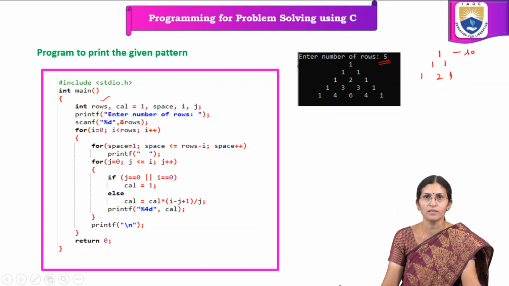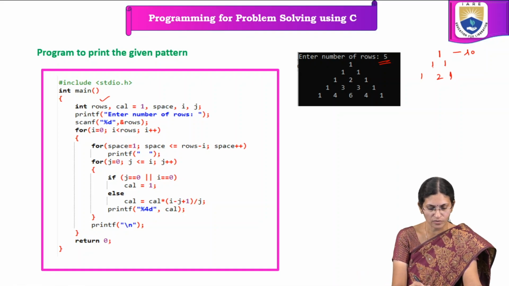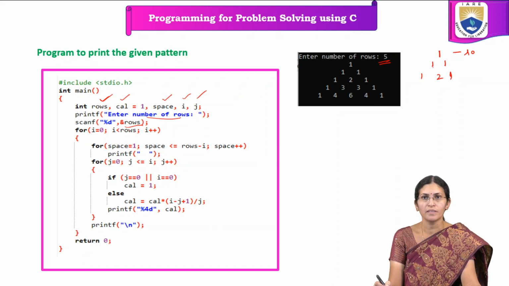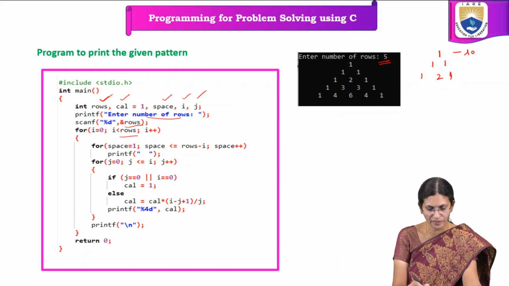We have declared the variable rows to take the number of rows, and the CAL value is equal to 1, and space is also an integer value. I and j are looping variables. So enter the number of rows; the number of rows is to be specified by the user. This outer for loop will repeat from 0 to the number of rows.